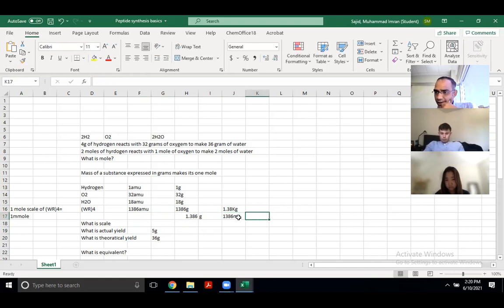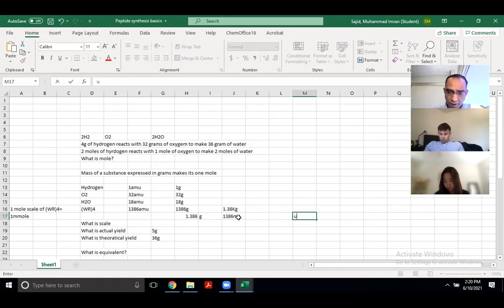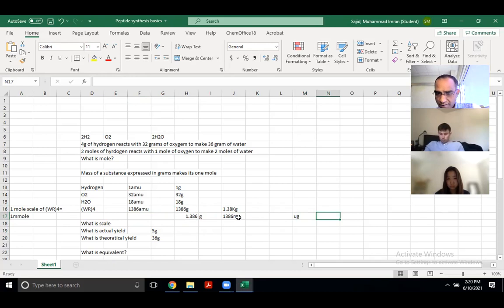And in our body, the peptide that we use is actually in micrograms. So we don't need to make this much of the peptide.